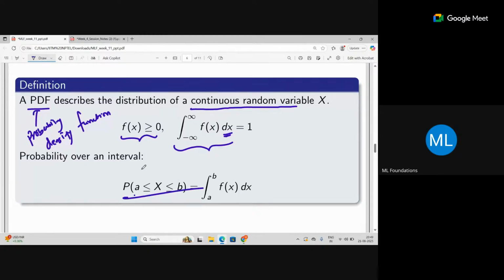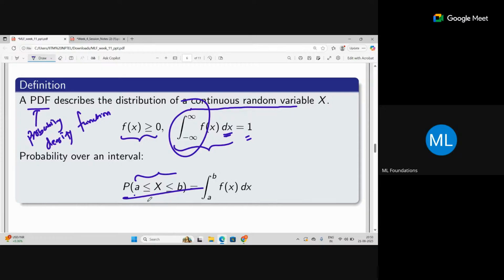You're finding out the probability over some interval. This will be a to b, and here it is minus infinity to plus infinity f of x dx, and the integration should be equal to 1 here.